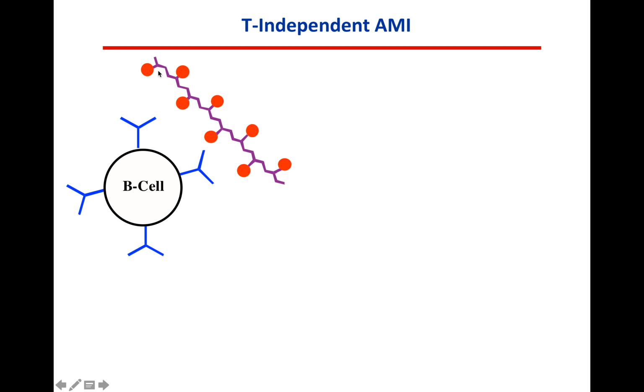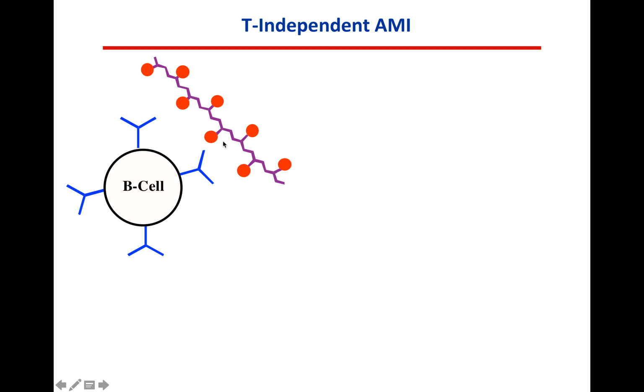Each one of these red balls is the same antigen determinant, one right after the other along this repeating subunit, at distinctive distances, somewhere around 30 to 50 nanometers. This is unlike a lot of antigens, like proteins, which may have just one antigen determinant on them. These types of antigens have repeating antigen determinants.